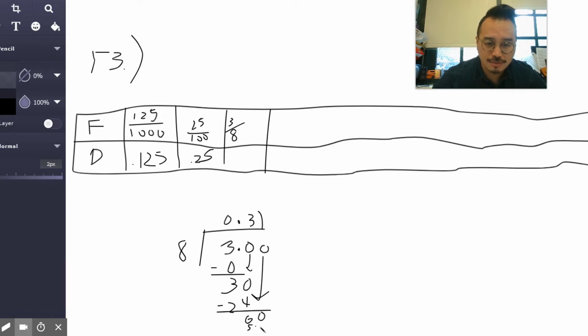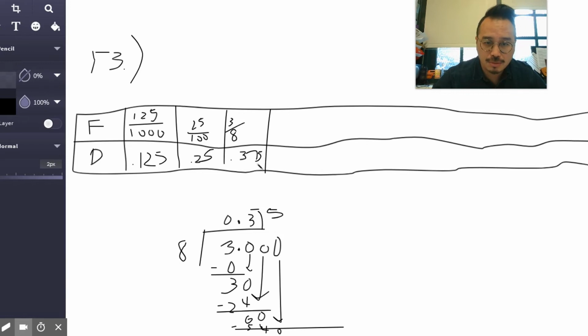Now this last one's a 4, so it'll be a 40. Bring that down. 8 times 5 is 40. So that's 0.375.